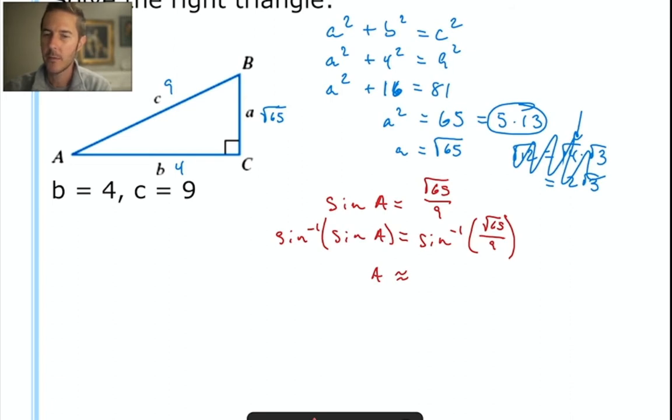Then I hit my second button, and then the sine button for inverse sine, and I got 63.61. I didn't say this in the beginning, I just got lucky, because my calculator was already in degree mode, so that is 63.61 degrees.